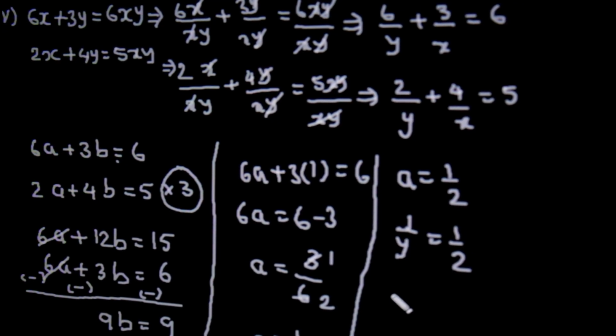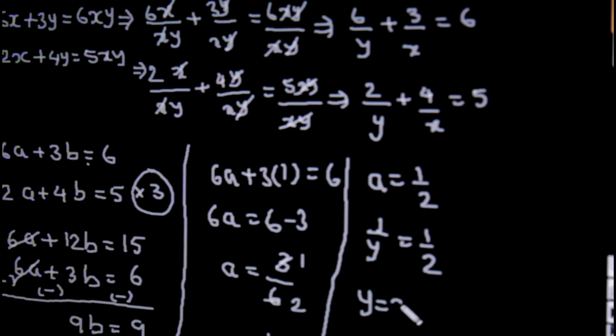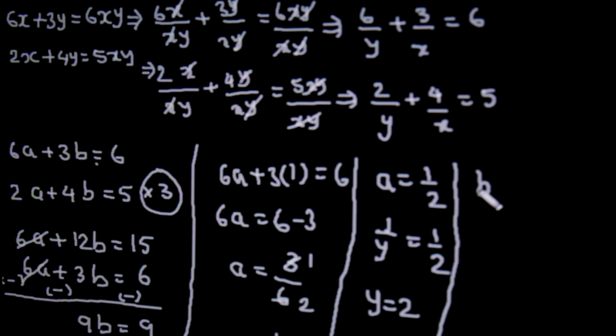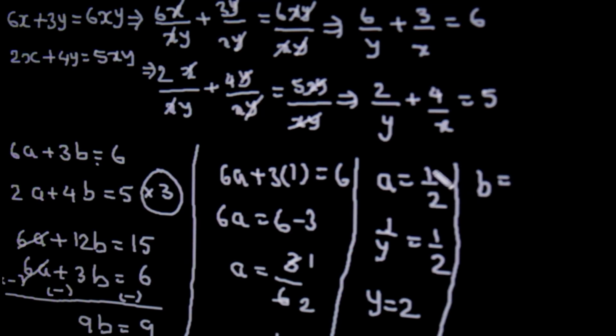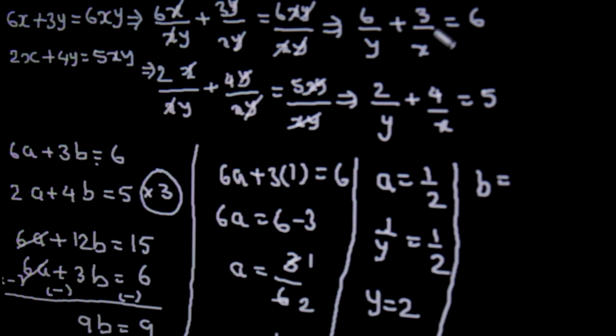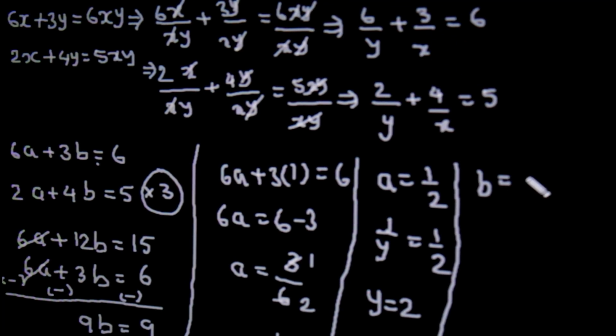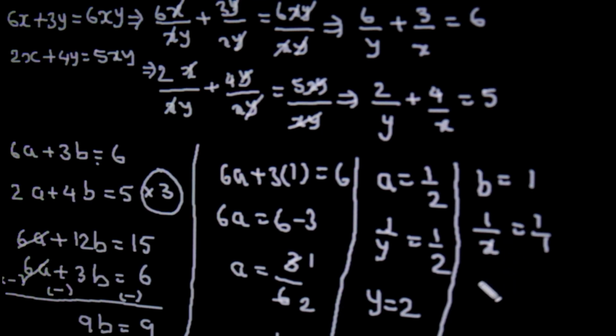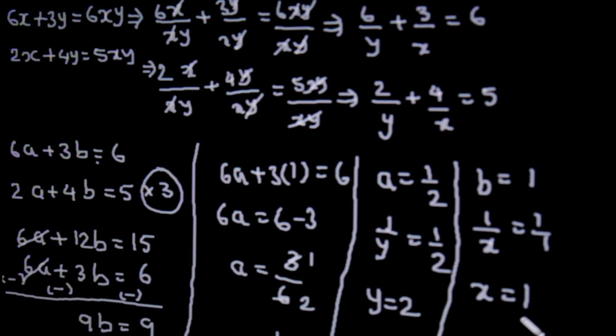Reciprocal the LHS and RHS, you will get y is equal to 2. In the same way, b is equal to 1 by x. Therefore, what is b? b is equal to 1. 1 by x is equal to 1 by 1. If you write the reciprocals, x is equal to 1. Therefore, x is equal to 1, y is equal to 2 is the end of the problem.